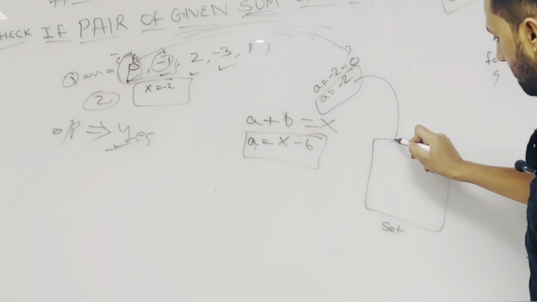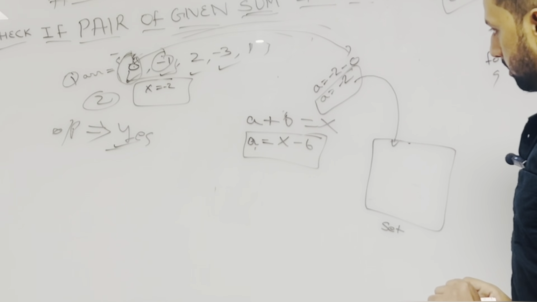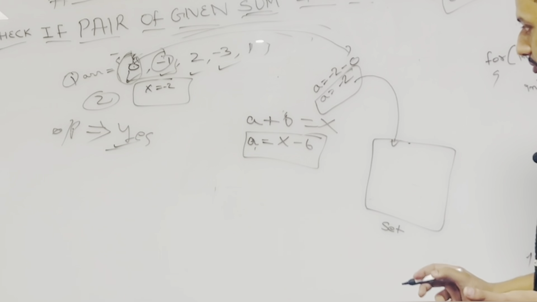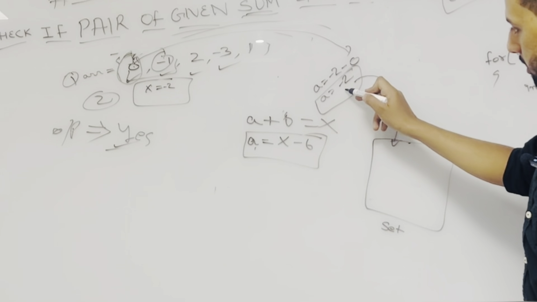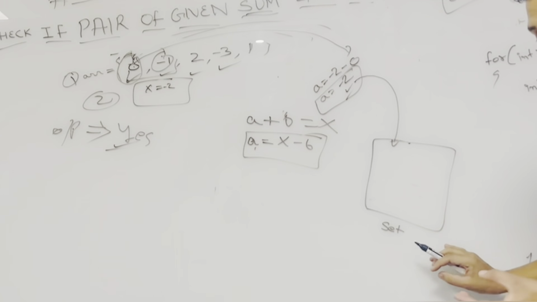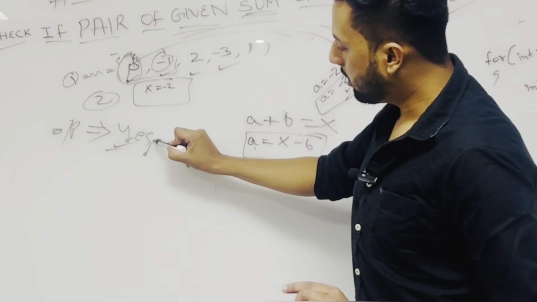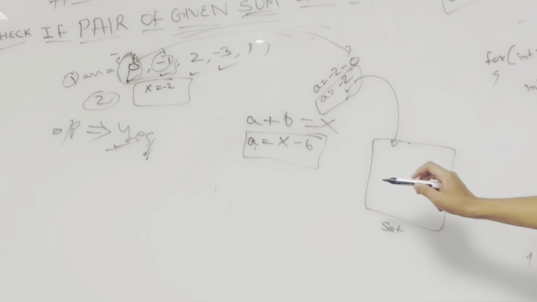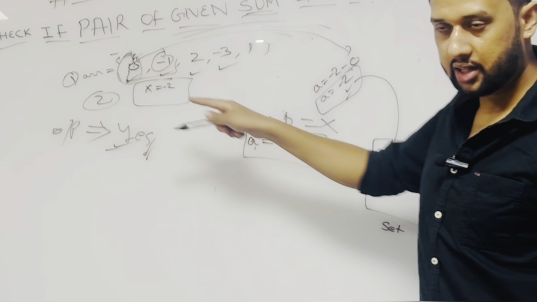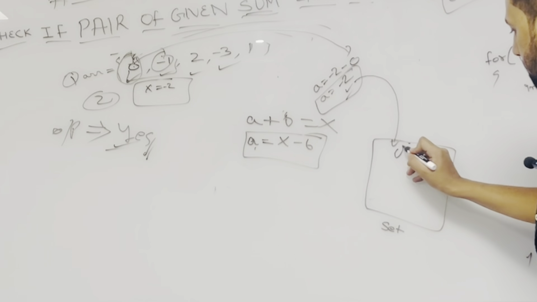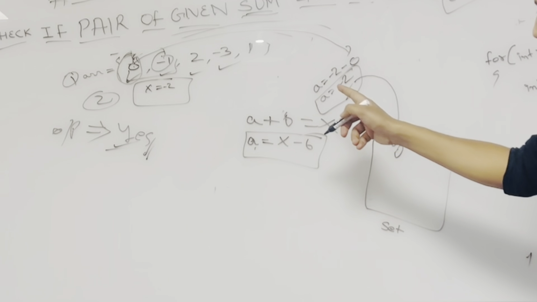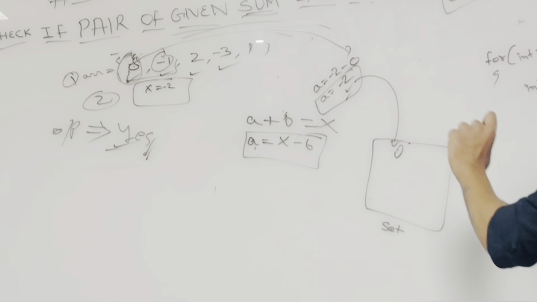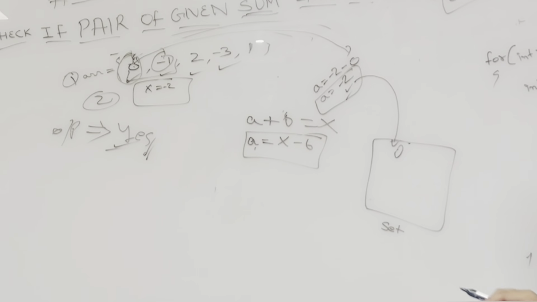If we find this particular element in our set, then we can say yes, we found the given pair. But if we haven't found -2 in our set, we will just add that particular element, 0, to the set. In this case, as you can see, we haven't found it, so we will add it to our set.